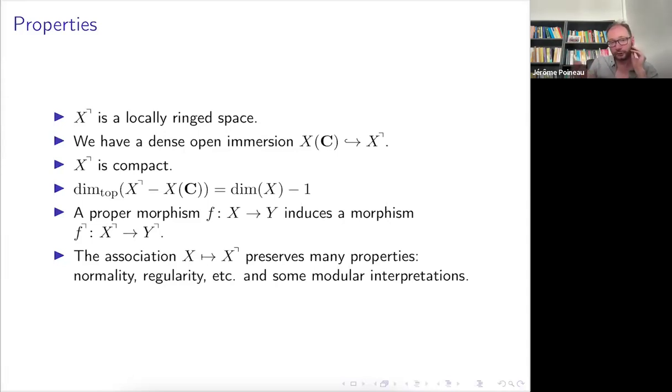You also preserve some sort of modular interpretation. This is loosely phrased, but by putting all this together, if you have a family of projective curves over your base and you compactify everything, then because the morphism is proper, you can compactify both the base and the total space at the same time.